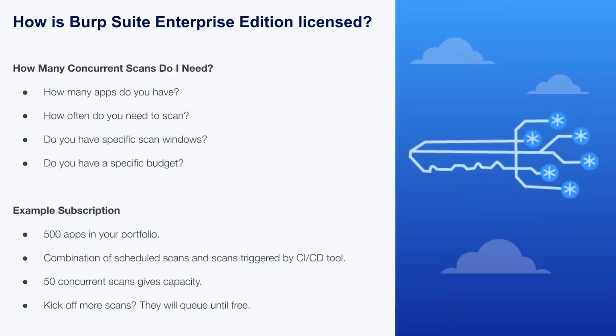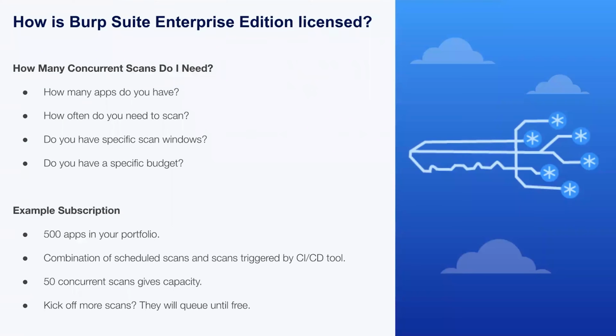In order to best determine how many a customer might require, we ask them to think about how many apps they have and how often they need to scan them. Also, whether they have a specific window that they would like to scan in. For example, they may be restricted to only scan on weekends or overnight. And then finally, whether they have a specific budget in mind.